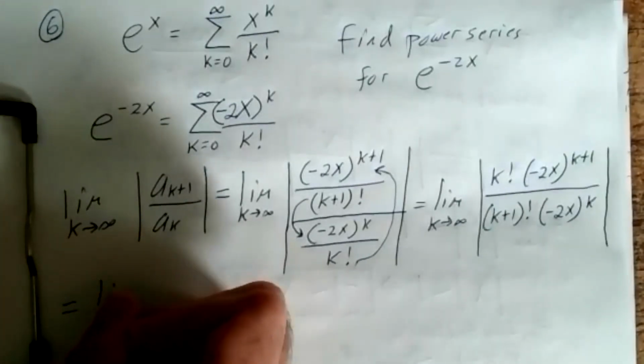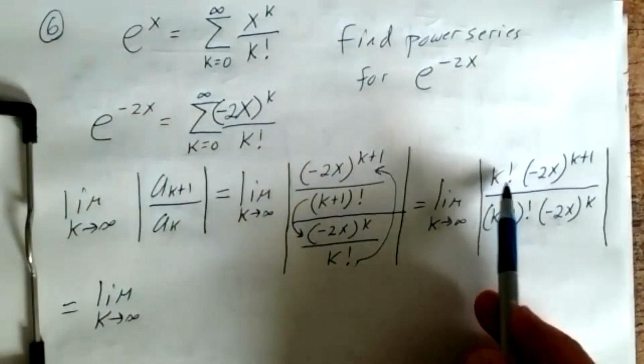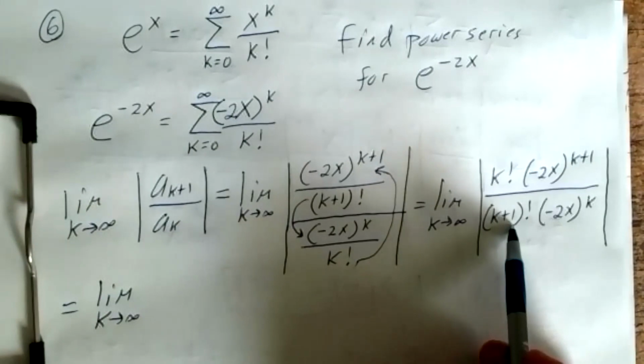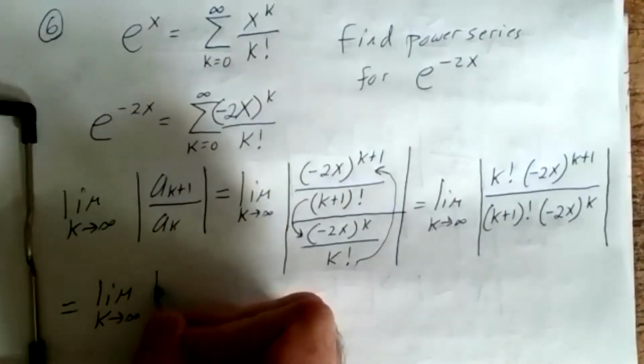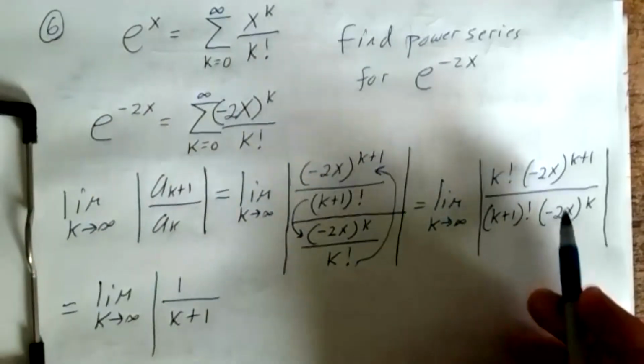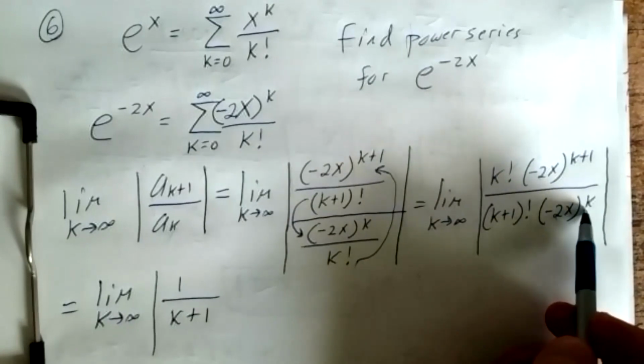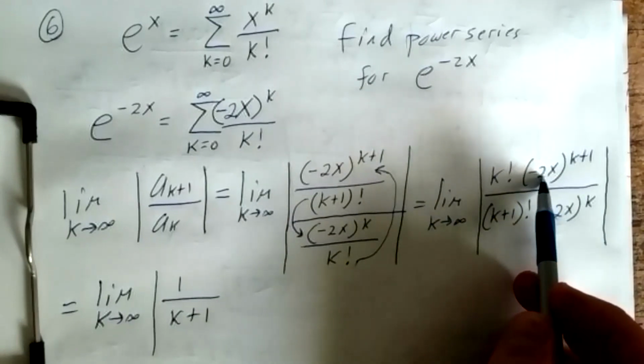Now, k factorial divided by k plus 1 factorial is going to be 1 over k plus 1. We've already shown that many times. And dividing negative 2x to the k plus 1 power by negative 2x to the k power, we have one more factor of negative 2x in the numerator. So we're just going to have negative 2x.